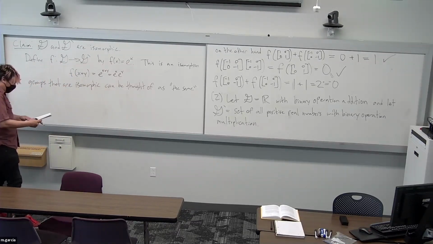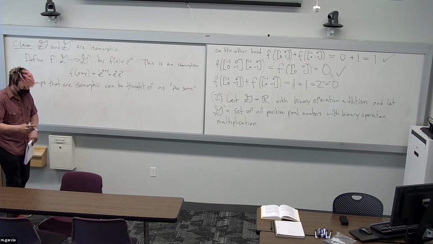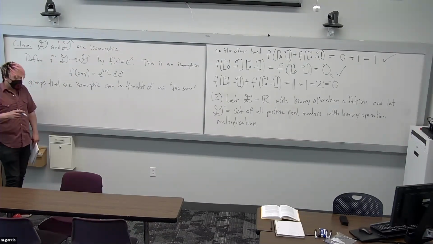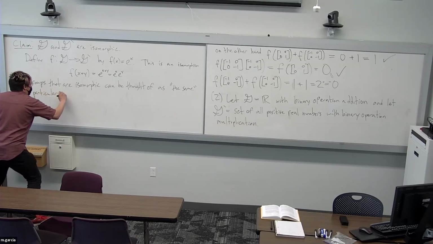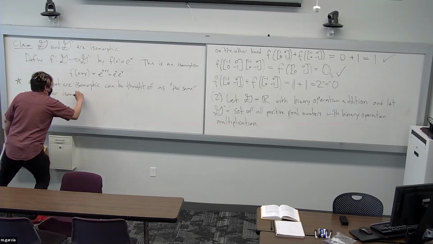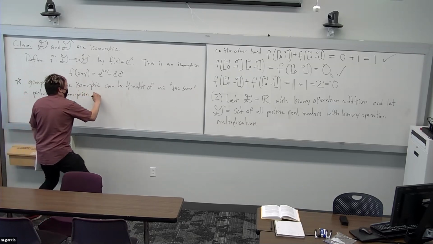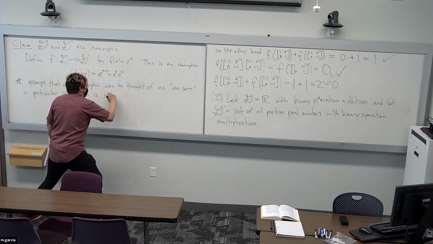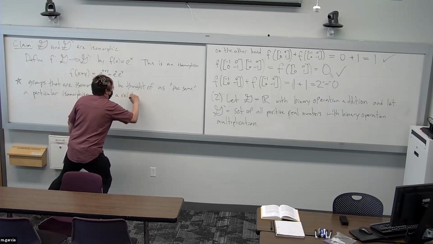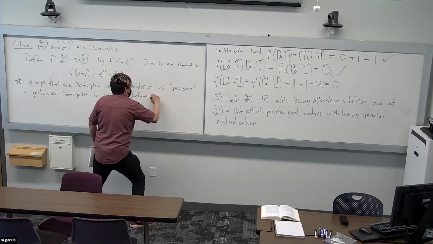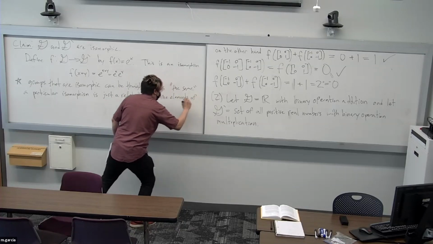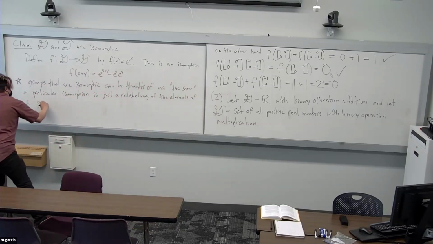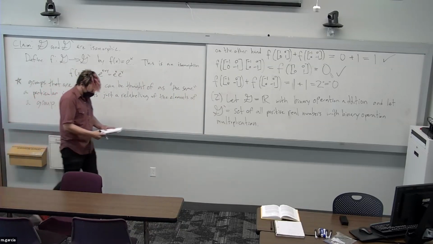Every other group structure is the same down to the elements. The elements are just labeled differently. It's really just a relabeling. A particular isomorphism is just a relabeling of the elements of a group.